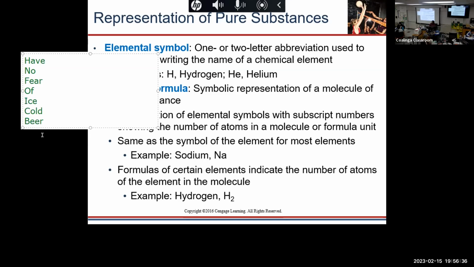Okay, you guys see my writing there? Have no fear of ice cold beer. You have 7 diatomic elements.